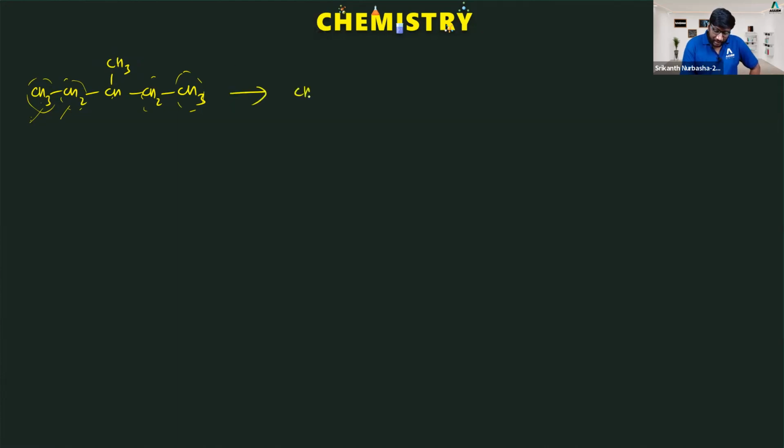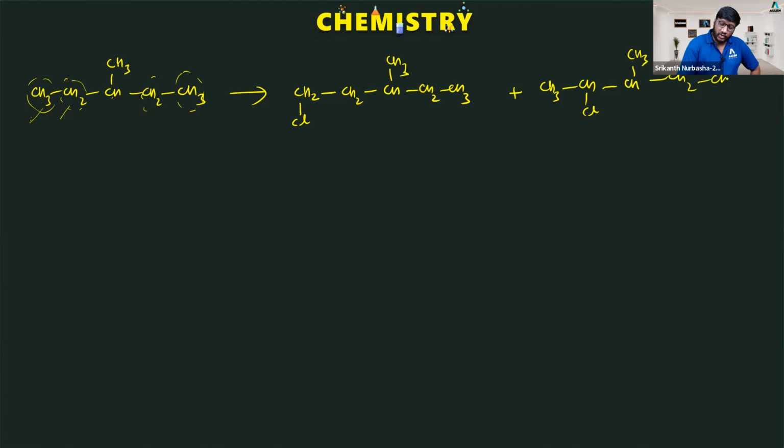So what I'll get in chlorination: CH2Cl, CH2, CH, CH3, CH2, CH3, one product. Next I can say CH3, CHCl, CH, CH3, CH2, CH3.